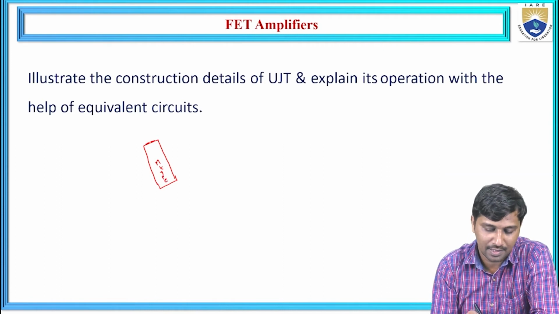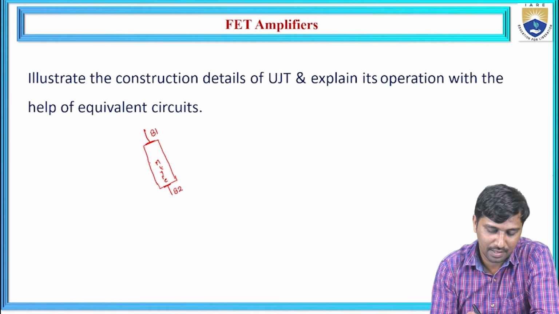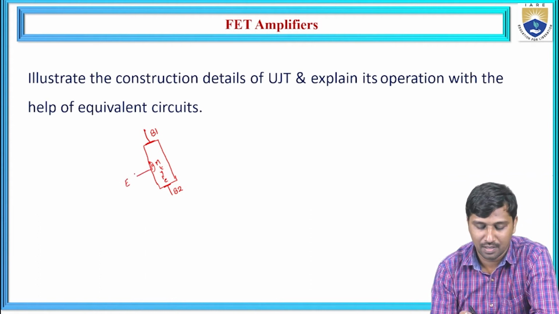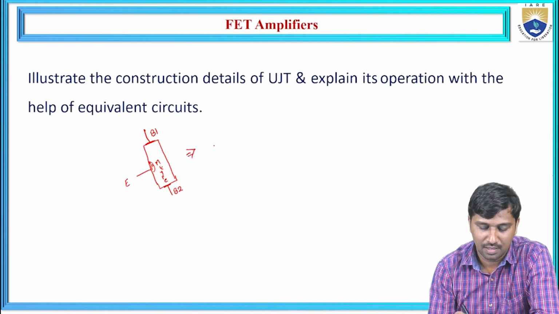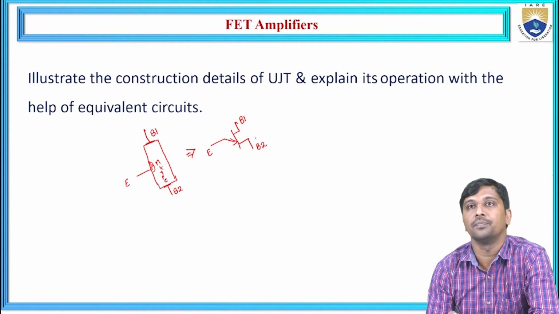One end is connected to terminal base 1, the other end to base 2, and on the opposite side a heavily doped p-type material is connected. It forms one junction, and this is represented as the emitter. The symbolic representation of the UJT has emitter, base 1 and base 2.